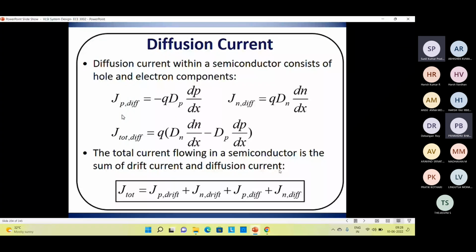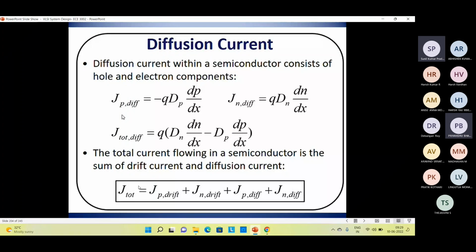That means each has a hole and electron component associated with it. So here we have the drift current density for hole, that is Jp drift, and this is drift current density for electron. This is diffusion current density for hole, and this is diffusion current density for electron.